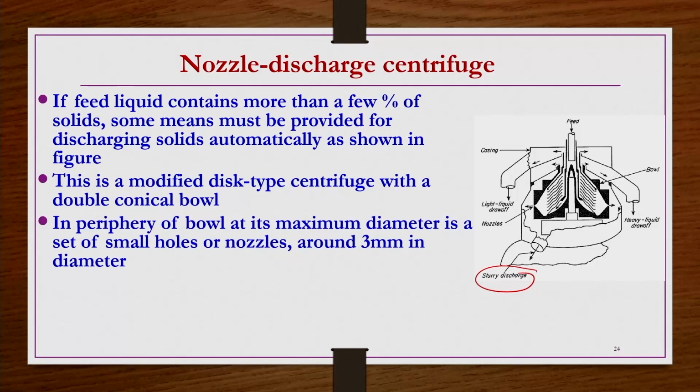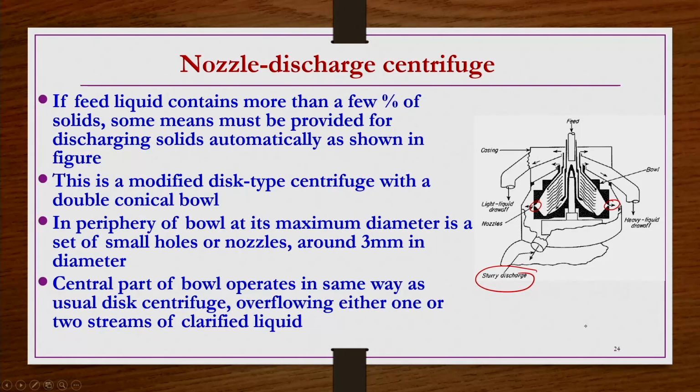Okay. In the periphery of the ball, at its maximum diameter, is a set of small holes or nozzles around 3 mm in diameter. The central part of the ball operates in the same way as a usual disc centrifuge, overflowing either one or two streams of clarified liquid.